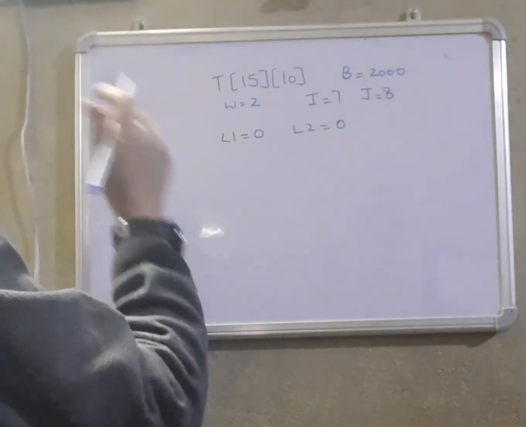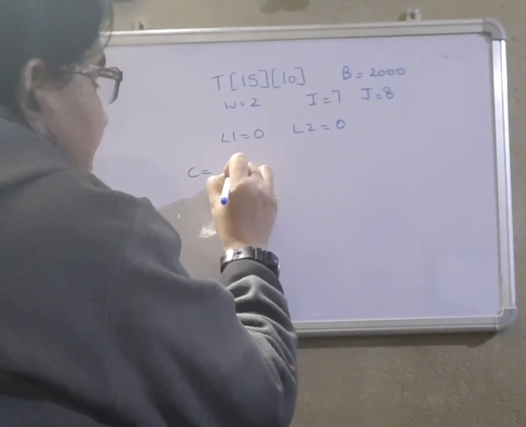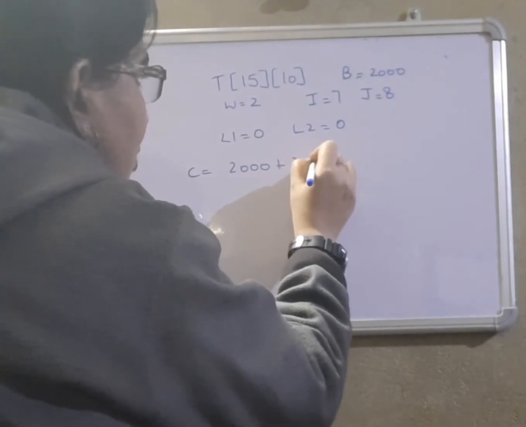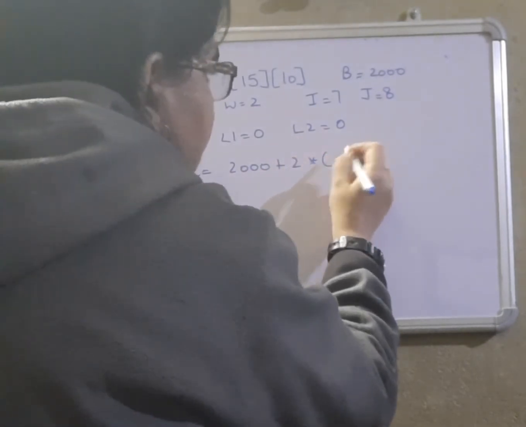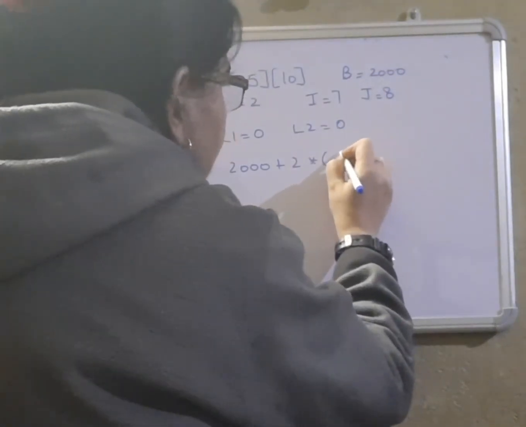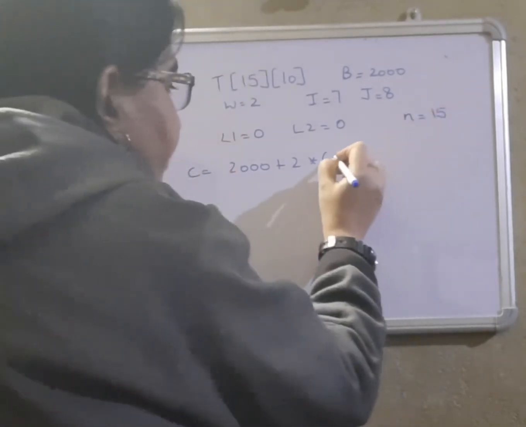I'll calculate by column major first. So base address is 2000 plus W is 2 into, in column major, I minus L1 is not going to be multiplied. For column major I require only the rows, which is 15.